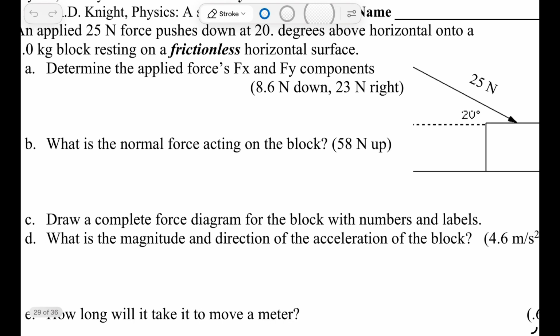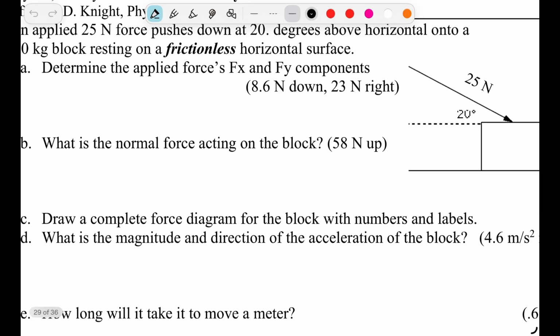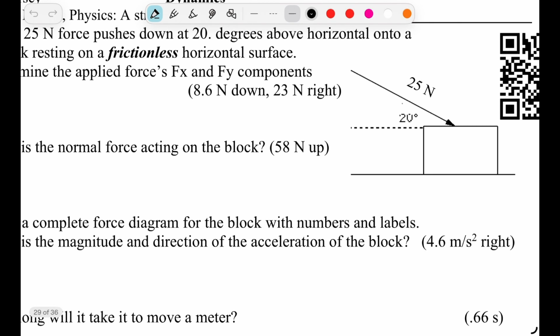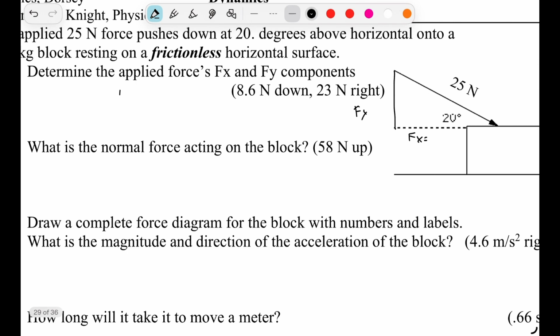So first we resolve this force that is at an angle into x and y components. Since the angle is measured from the horizontal, we can represent Fx here, and we can represent Fy here. So Fx is going to equal the force times cosine of the angle, which is 20 degrees.